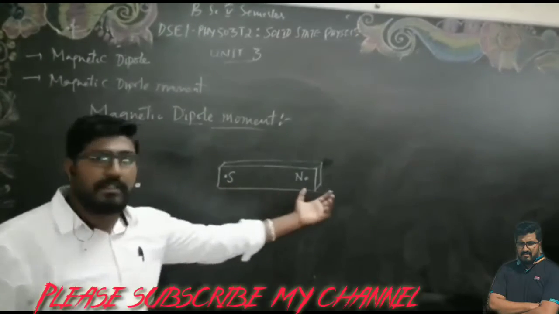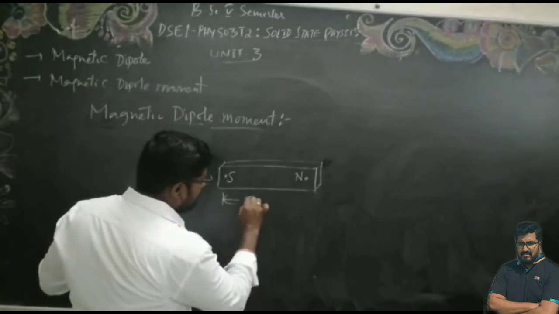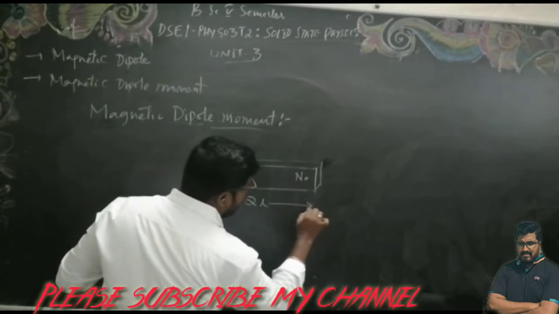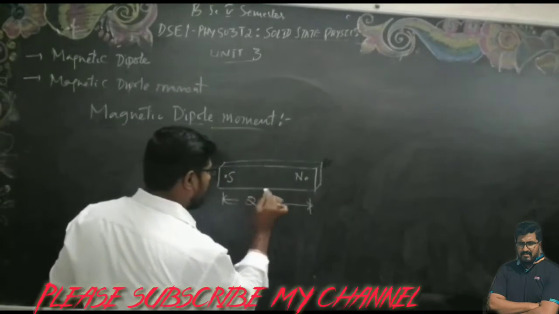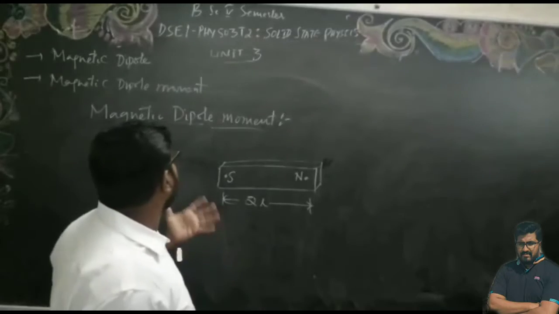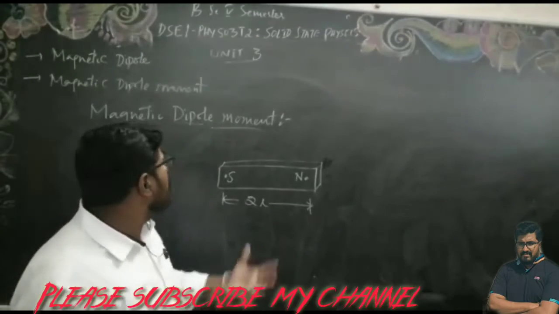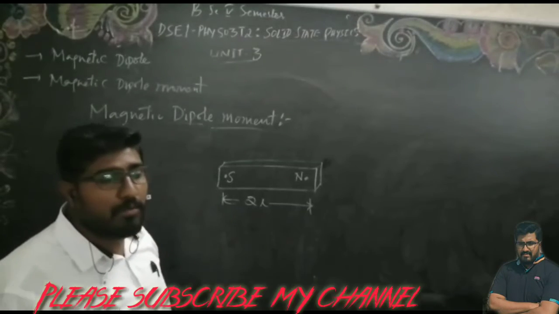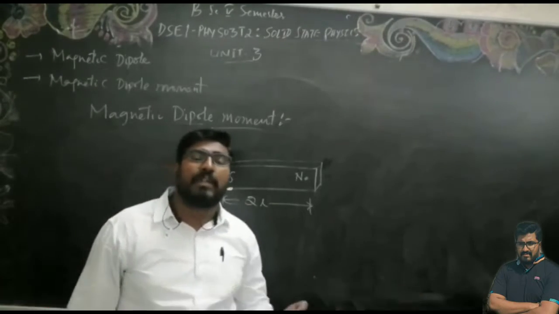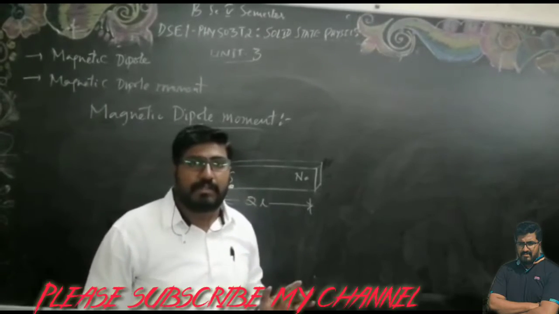These are the pole strength of the bar magnet, and the distance between these is the magnetic length. We call this 2 times L. So how are you going to define the magnetic dipole moment? Generally, what do you mean by the magnetic dipole moment? The magnetic dipole moment represents the strength of the magnetic field.